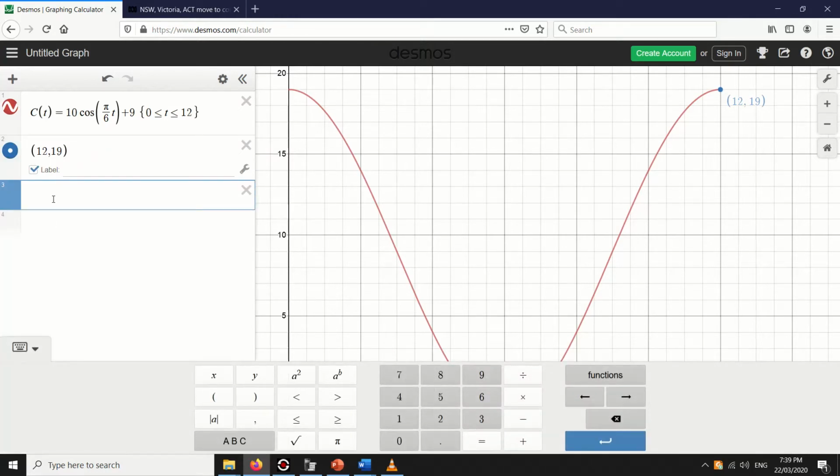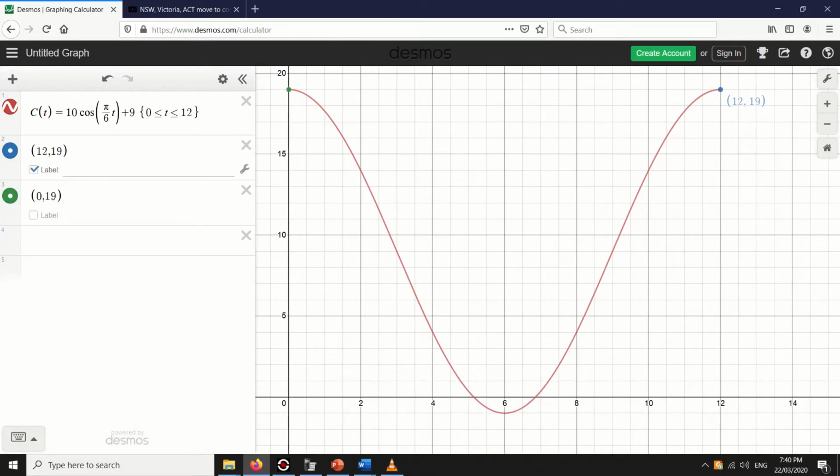I might do this deliberately for all the points that I'm interested in. 0, 19. Here is definitely some points that are of interest.